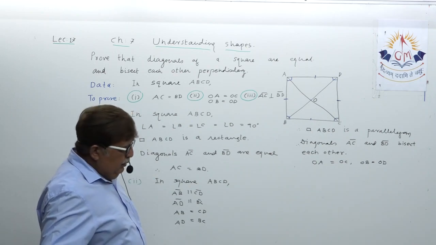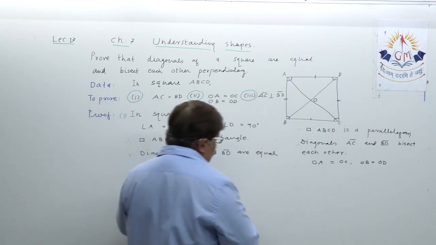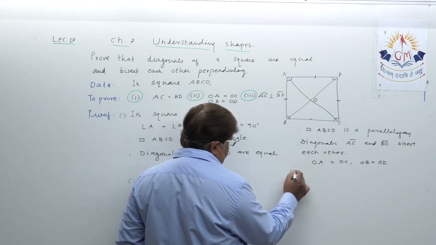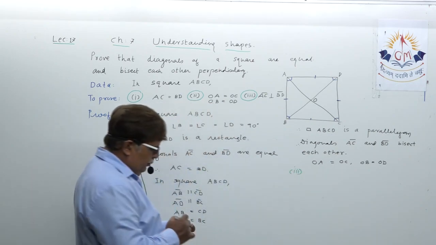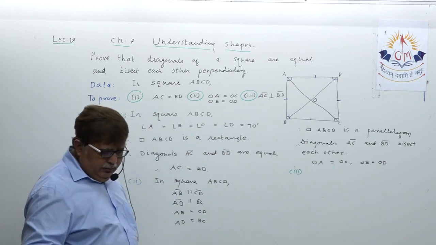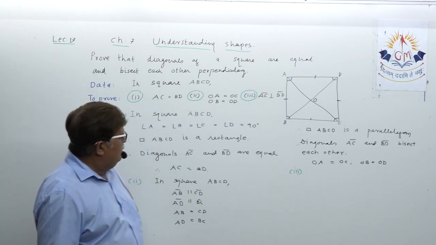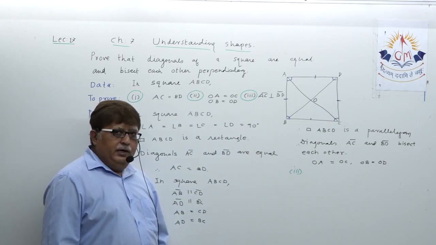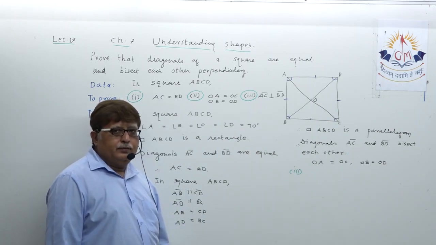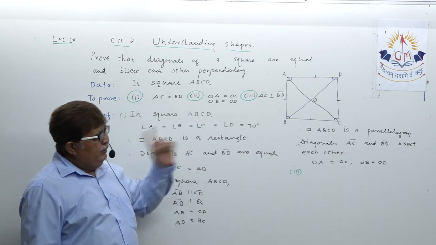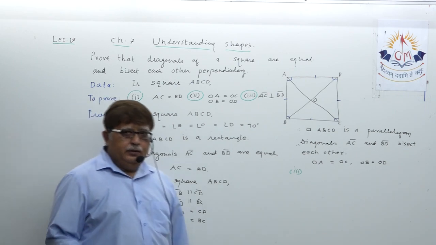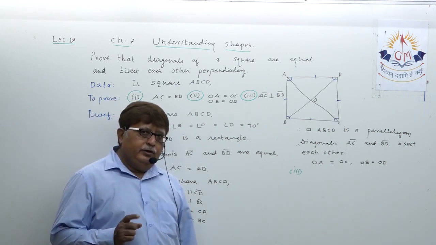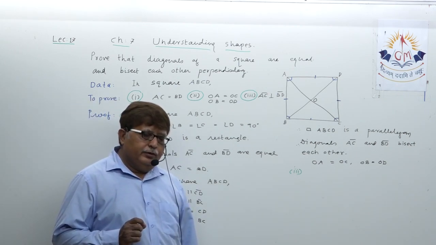Now it's time to prove the third fact. Diagonals bisect, we have proved. Now we have to prove that diagonals are perpendicular to each other.